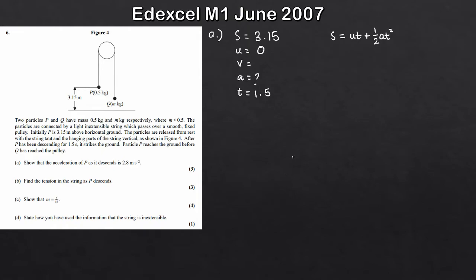Okay, so all I'm going to do now is substitute these values in. So s is 3.15. That's equal to u times t, so that's 0 times 1.5, which is just clearly 0. This is equal to a half of the acceleration, which we don't know, we'll just call it a, times t squared, so times 1.5 squared.